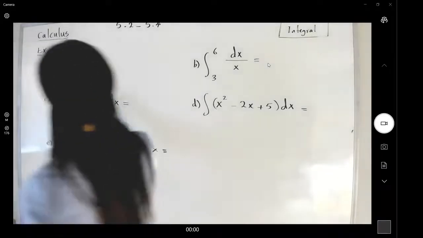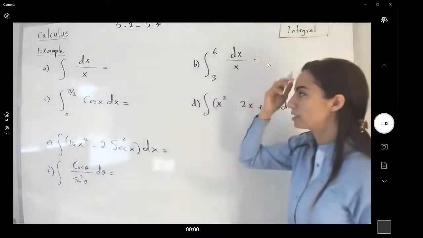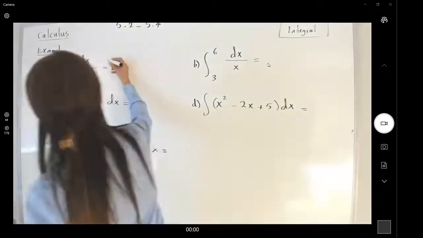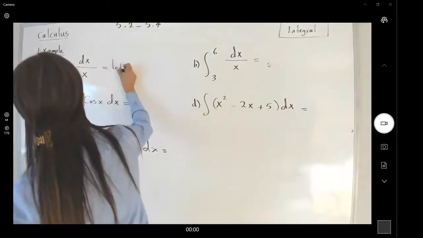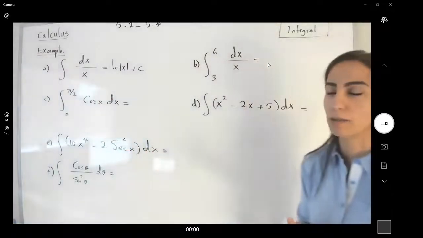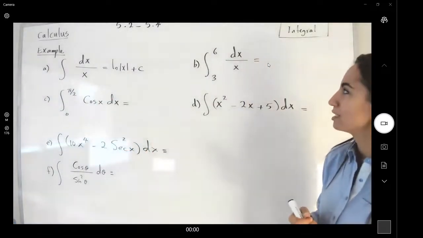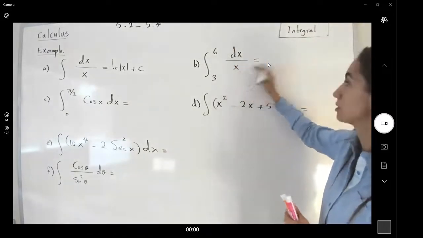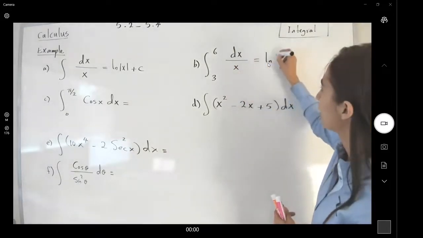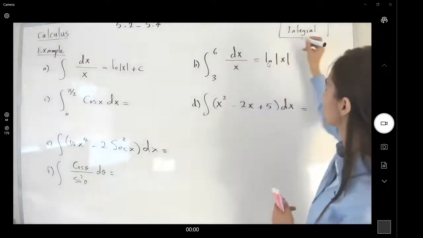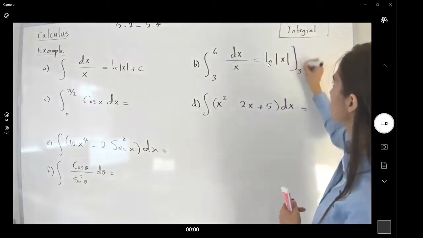Very well. So what we learned here, we know that the integral of 1 over x dx is ln of absolute value of x plus c. If x is positive, we don't care about that absolute value anymore. So take a look at this case. Here it is equal to ln of absolute value of x, and x ranges between 3 to 6.